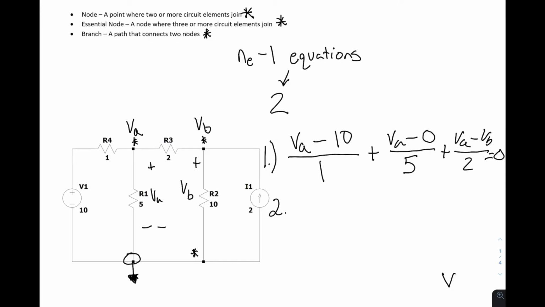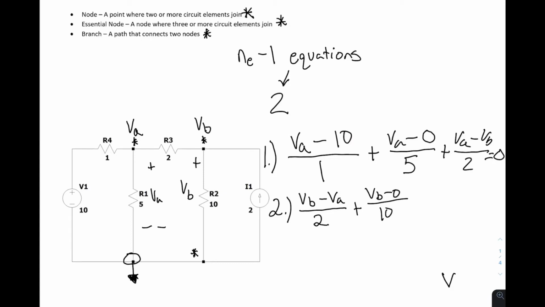For our second equation, we're going to have the current leaving VB, which is going to be VB minus VA over 2, plus VB minus 0 over 10.